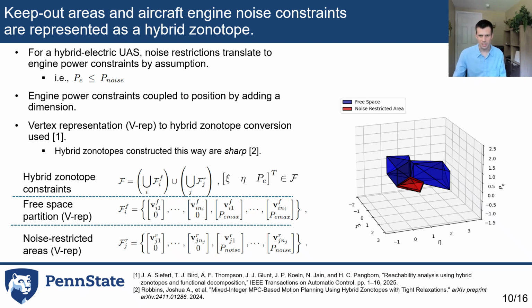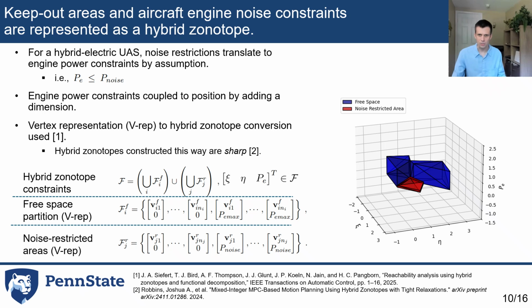And we couple these engine power constraints to a map of the environment by adding a third dimension, which we can see in this figure on the right here. So the X and Y axes of this figure are X and Y position coordinates, and then the Z axis is engine power. So when operating in the red noise restricted areas, there's significantly less engine power available to the vehicle than when operating in the blue free space areas.